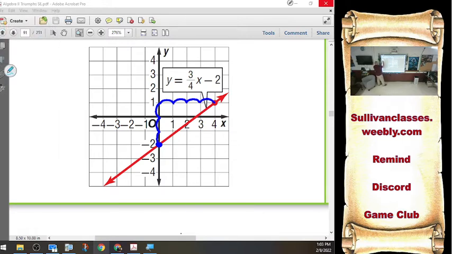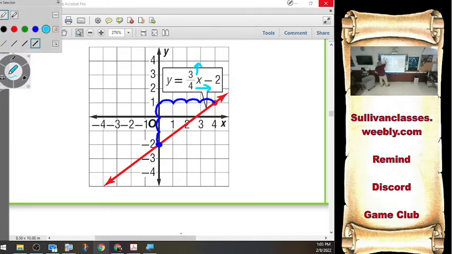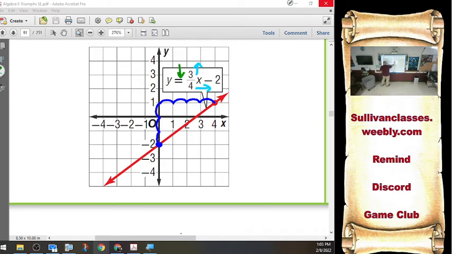That means if I can go up 3, right 4, then I could also go down 3, left 4. And from here, that's 1, 2, 3, 4. 1, 2, 3. Well, that was over the top of it. If I do rise, then run, couldn't I from here go down 1, 2, 3, over 1, 2, 3, 4? Okay, so you count your boxes.